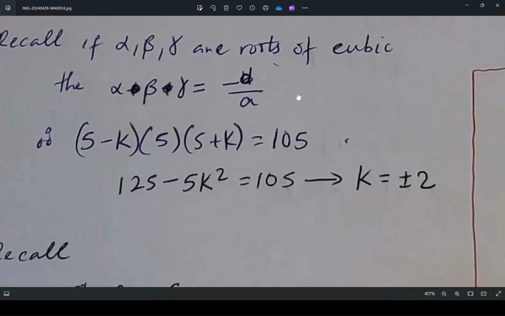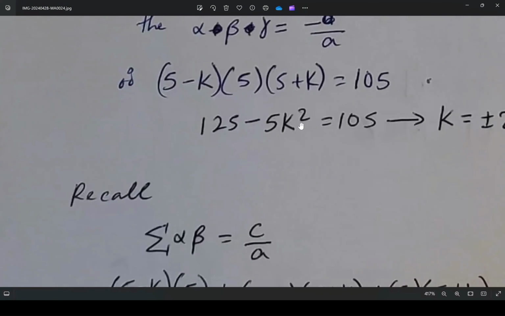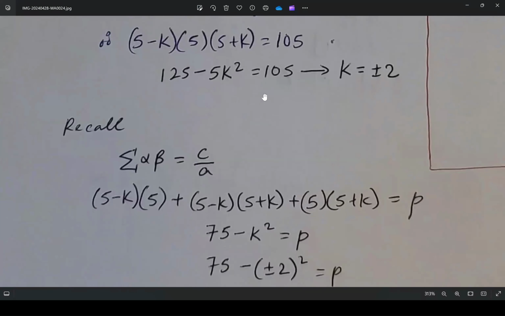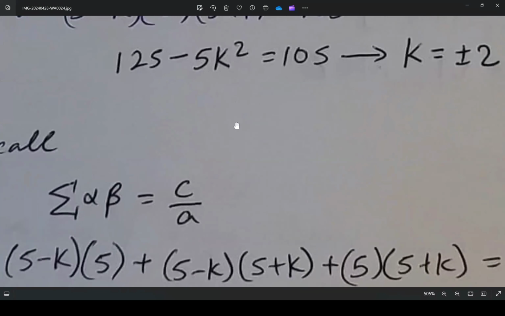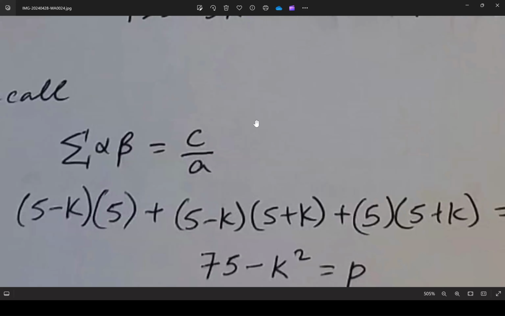We now have values for k, and we just need to find the value for p. To find the value for p, we're going to look at the sum of pairwise products. So if we multiply each pair of roots and add them together, we're going to get c over a.